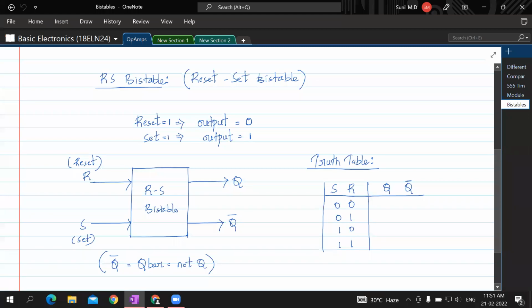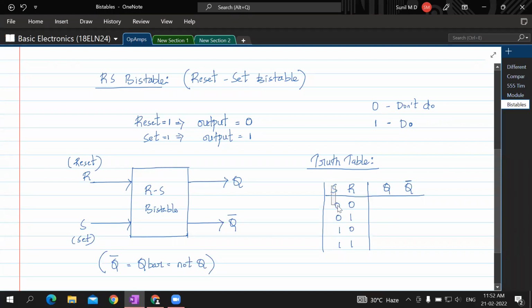If both set and reset are 0, 0, what? See here, if something is 0, it means don't do. We can see it in that way. If the input is 1, it says do. 1 you have to read as do that, and 0 as don't do that. Now set is also 0, reset is also 0. That means what is it saying? 0 means don't do.